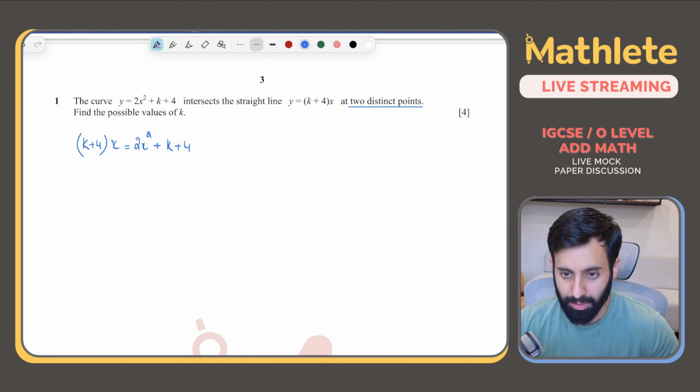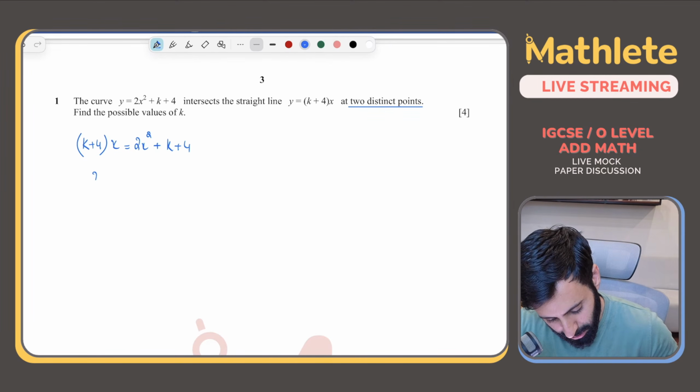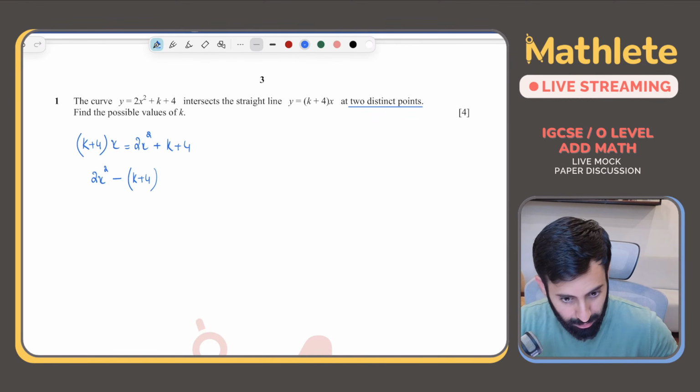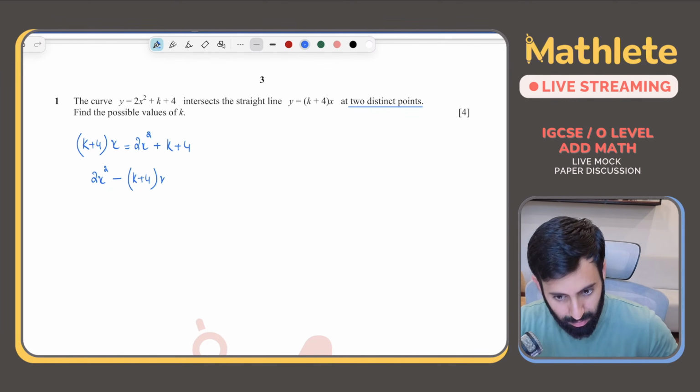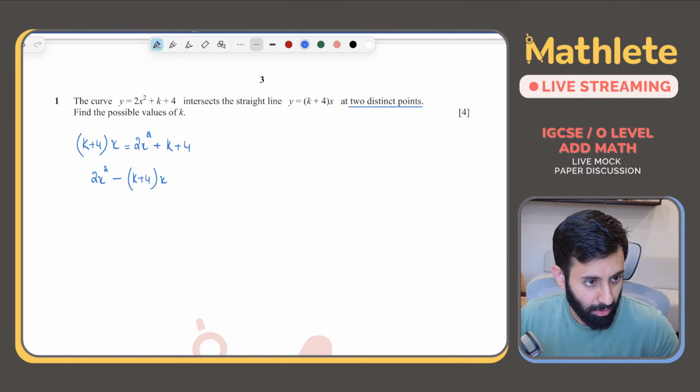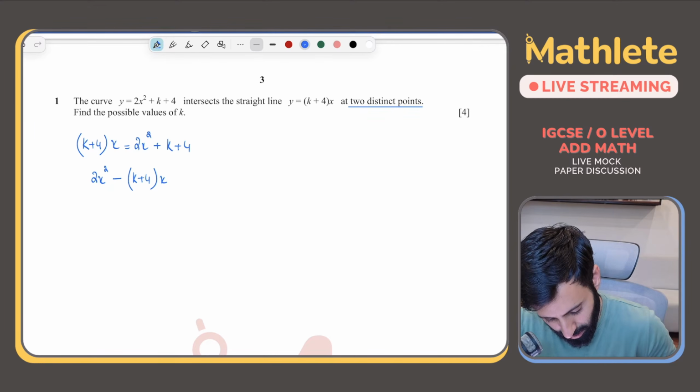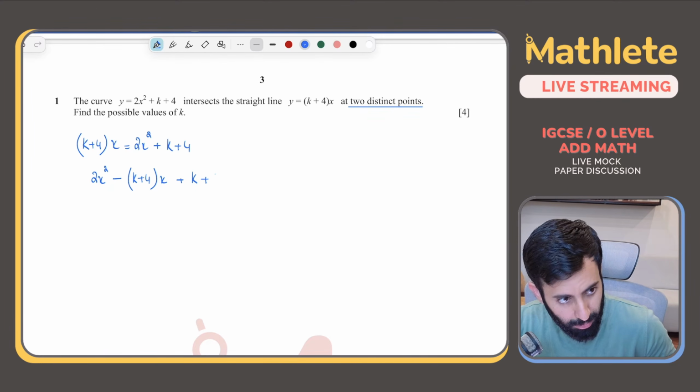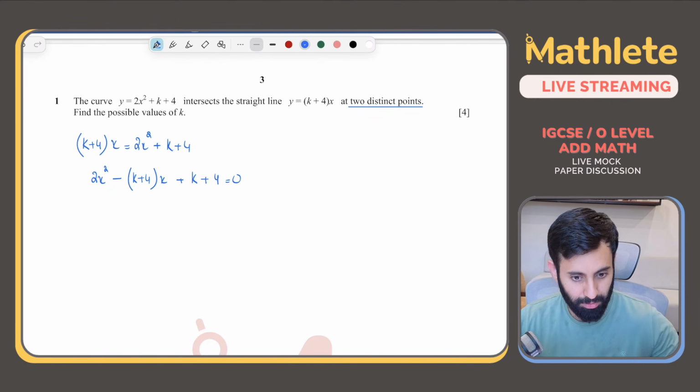Now let's shift all the terms to the right hand side. Let's see what happens. So you have 2x square minus bracket open k plus 4 x, theek hai. Okay, and then you have plus k plus 4 equals to 0, sahi hai.